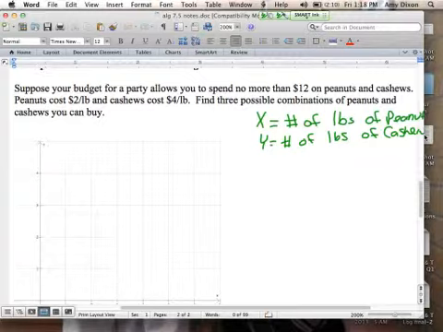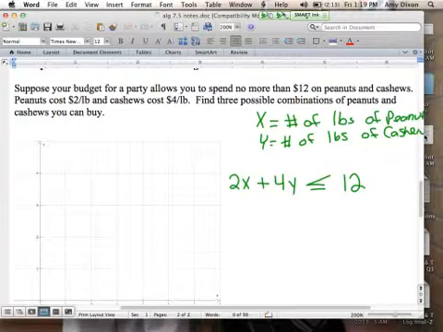We're going to multiply how many pounds of peanuts you bought by 2, and that will get you the cost of peanuts. You're going to add to that the cost of your cashews. Well, that's 4y. We know that this is how much we spent. What do we know about this in regards to the $12? This needs to be less than or equal to $12, right? So we're going to do less than or equal to $12.